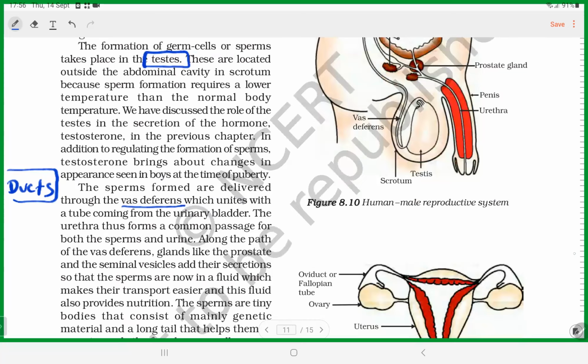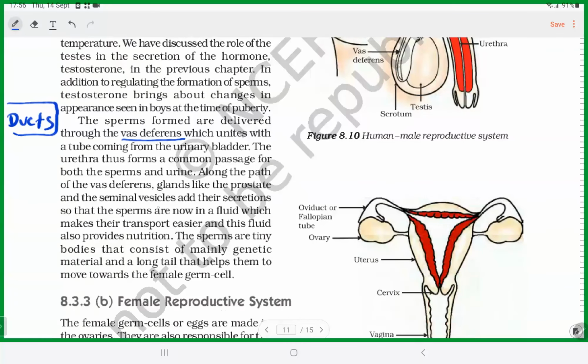What is the third component? Glands. And finally, the last component is the external genitalia. So the four components are testes, ducts, glands, and external genitalia.